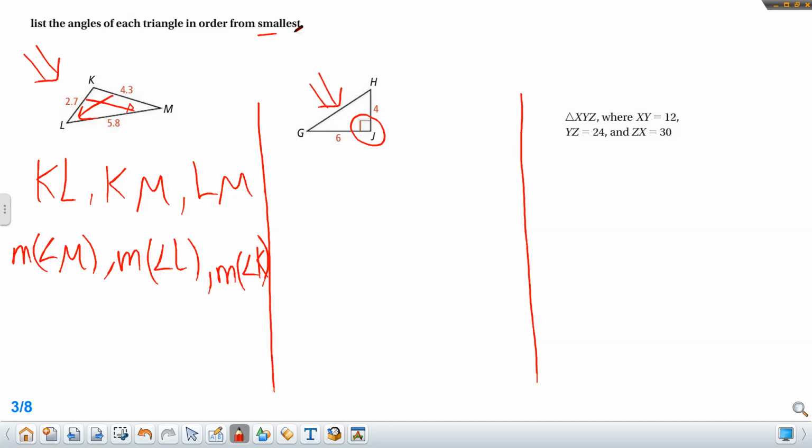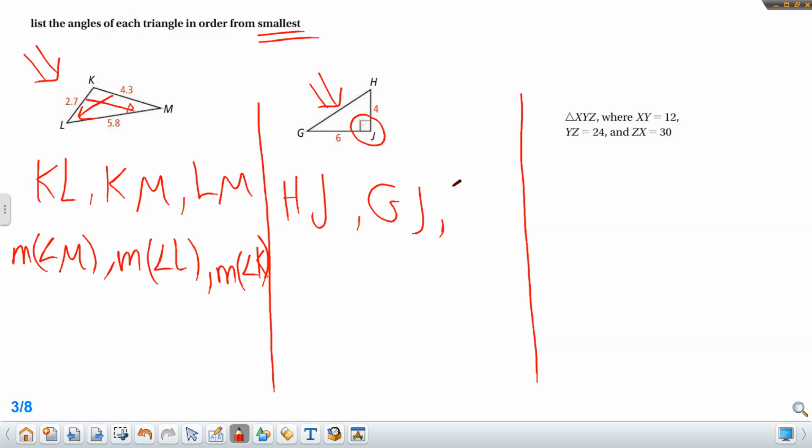But here we need to start with the smallest. So now arrange HJ and GJ. Which of them is the smallest? Yes, good, HJ. Okay, what's after HJ? GJ. What's the last one?